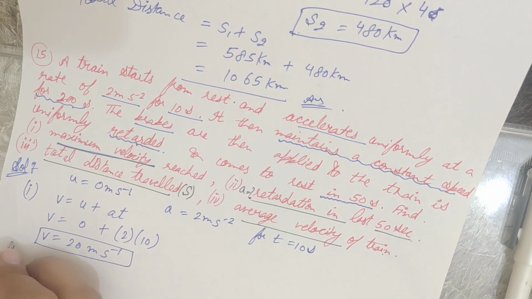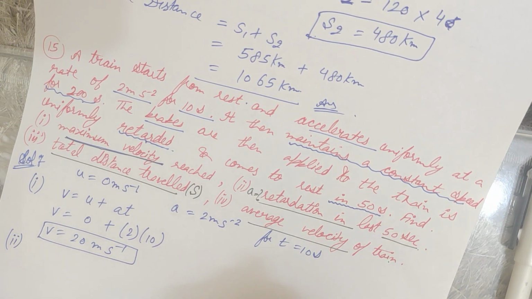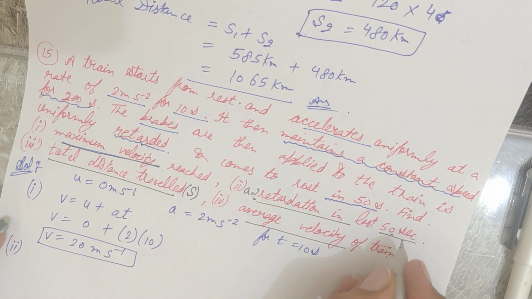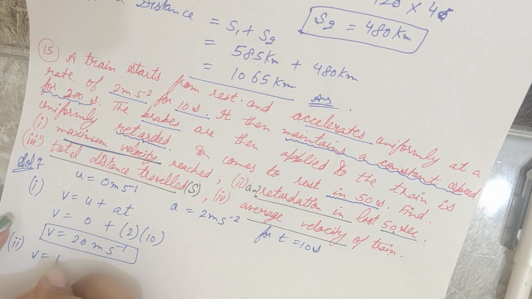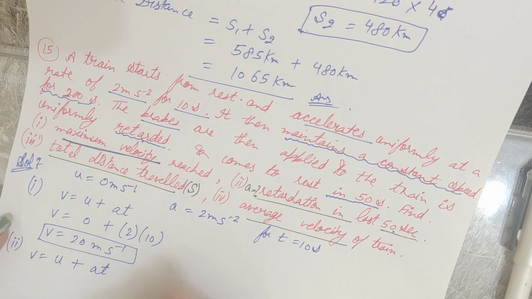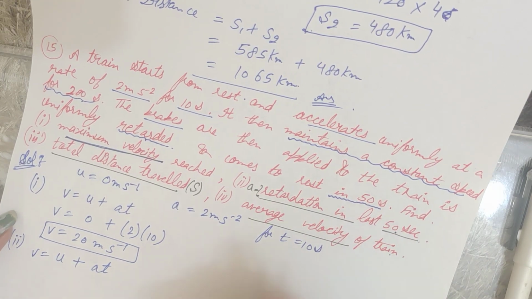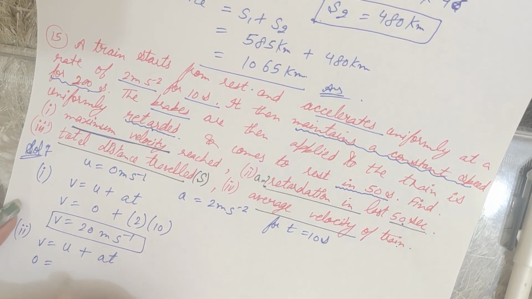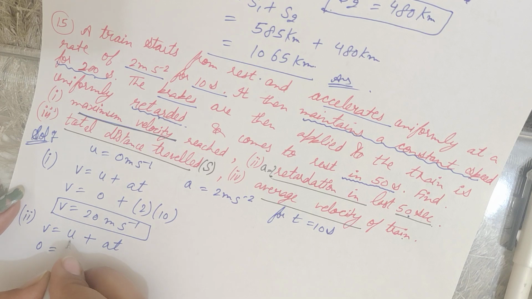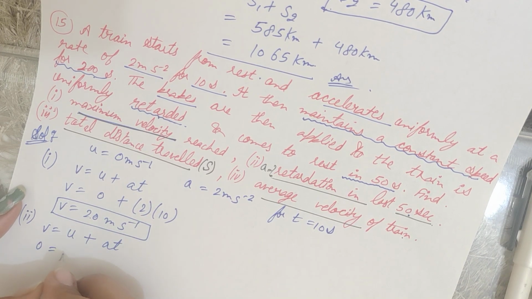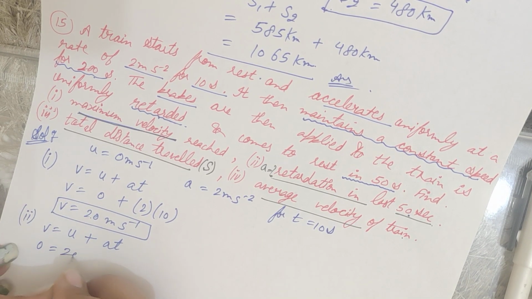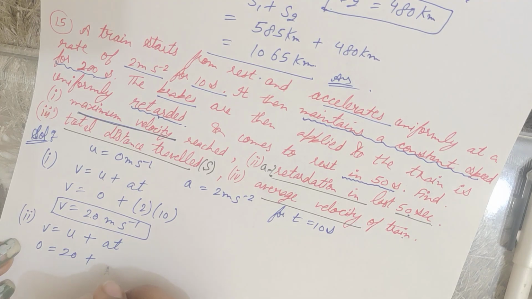Then the second is retardation, which we need to find for the last 50 seconds. For finding retardation, we use the same formula, V is equal to U plus AT. In the last 50 seconds the final velocity is 0, and the initial velocity is the 20 we just found.